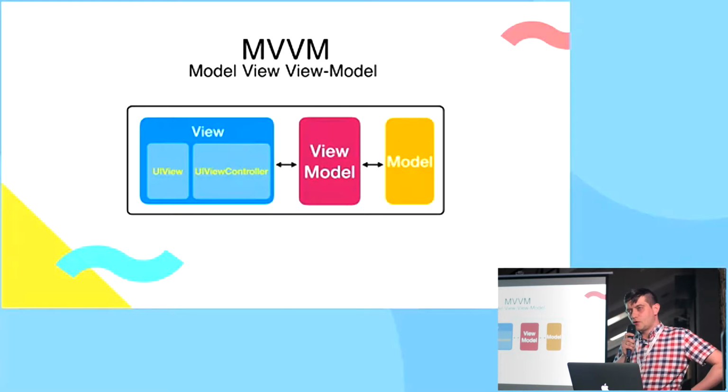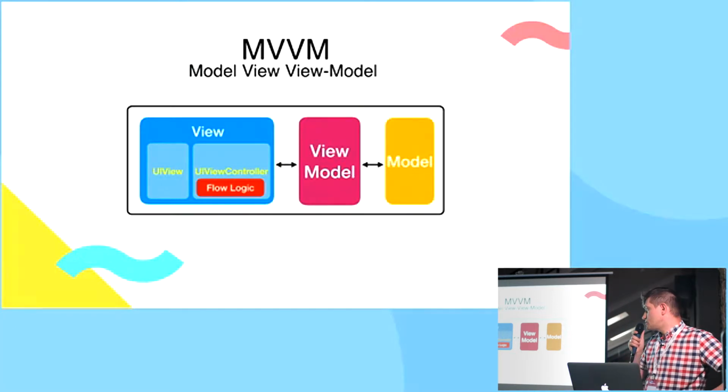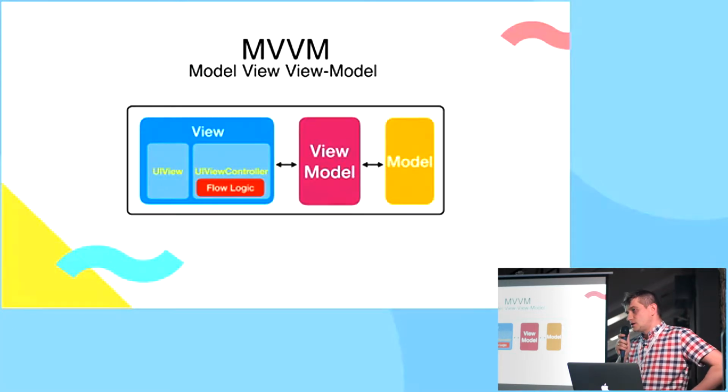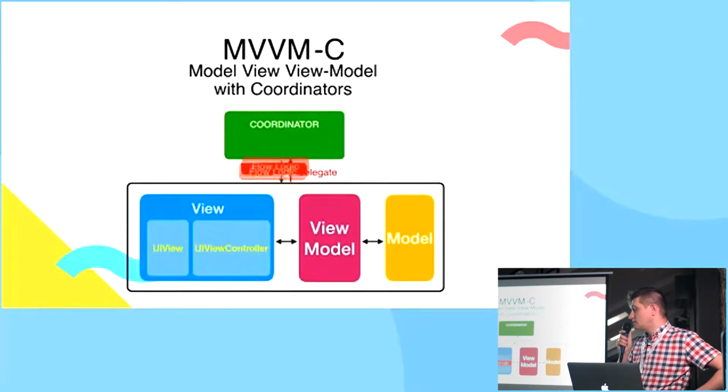But what about the flow between this one screen and other screens? The MVVM pattern suggests putting all UI stuff in the UI view controller. But does it mean that we should also place this flow logic there? It would make the UI view controllers massive again. And we don't want to do this. That's why we use MVVM extended by a different pattern called coordinators.